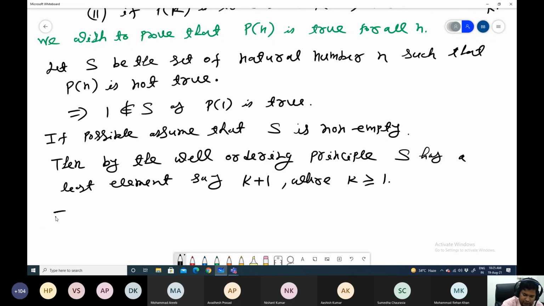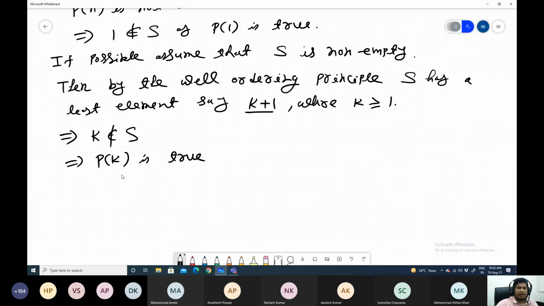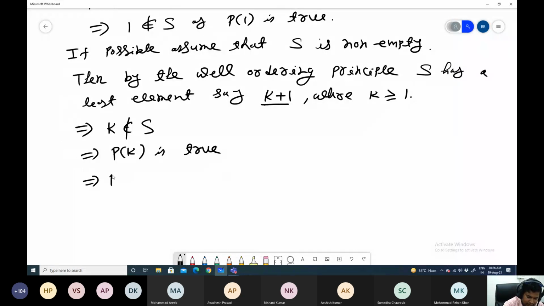Now since k plus 1 is the least element, that implies k does not belong to S, right? So that implies Pk is true, right? Now if Pk is true, look at the condition, and this is true for all k.